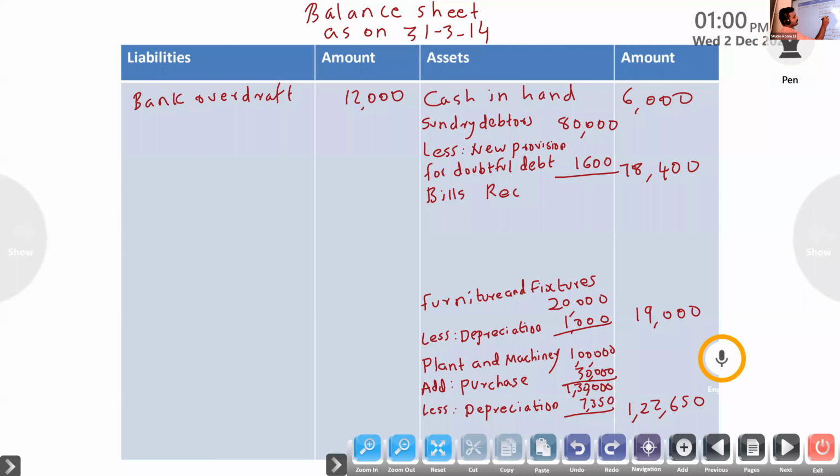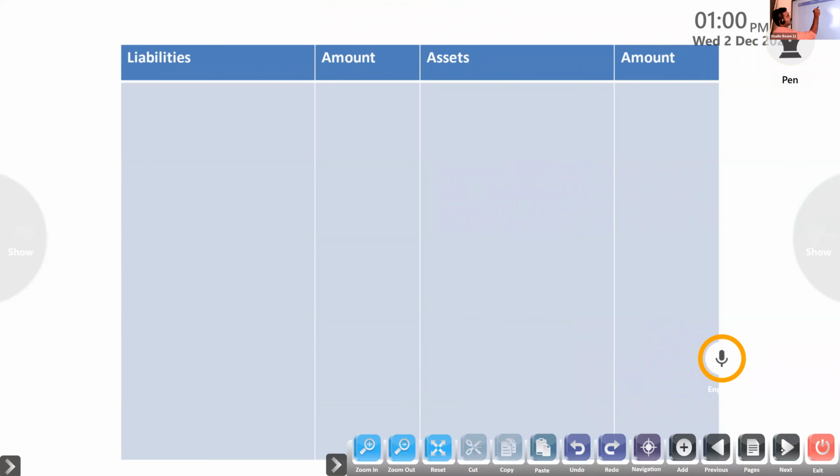Next, bills receivable, that is current assets. Bills receivable, no adjustment, 14,000. Next, cash in hand we already wrote. Investment, no adjustment, that is fixed assets, 40,000.